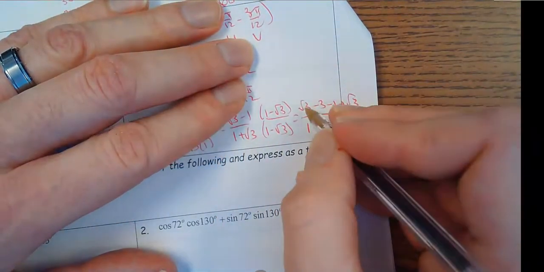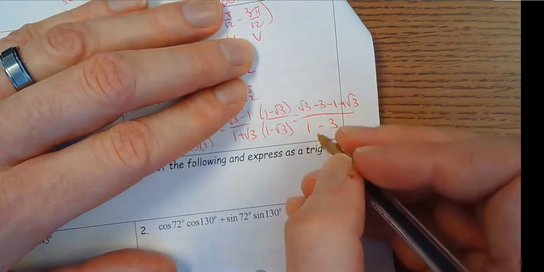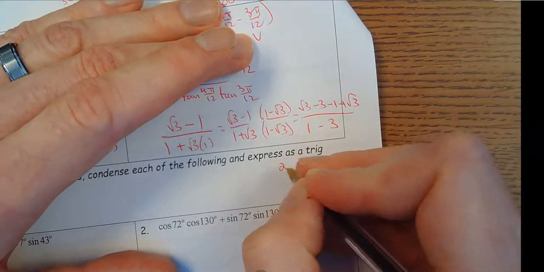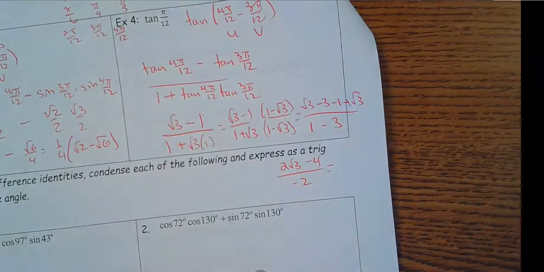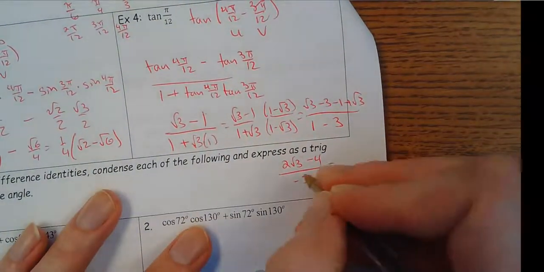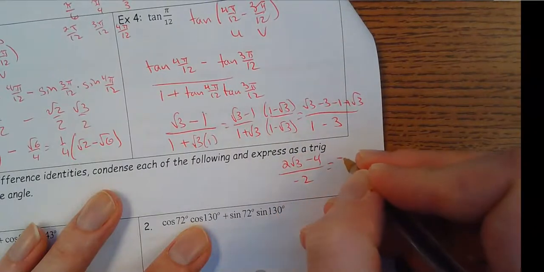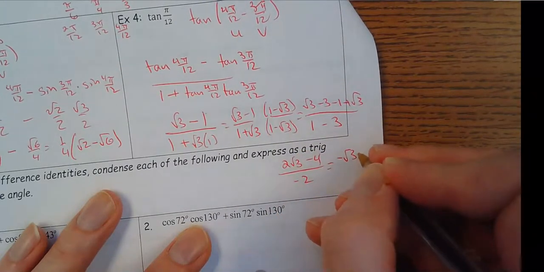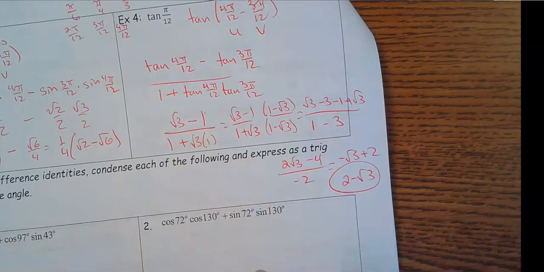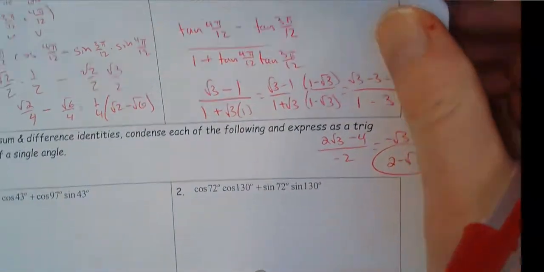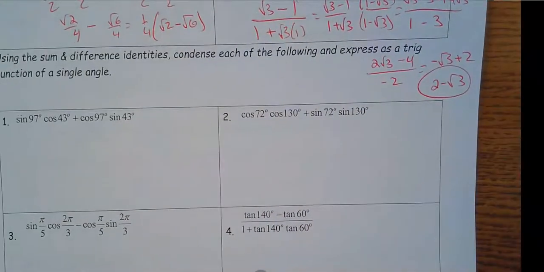So on top I would have, right down here, 2 radical 3 minus 4 over negative 2. If I divide everything by negative 2, that would give me negative radical 3 plus 2, or you could say 2 minus radical 3 to put the rational number first.